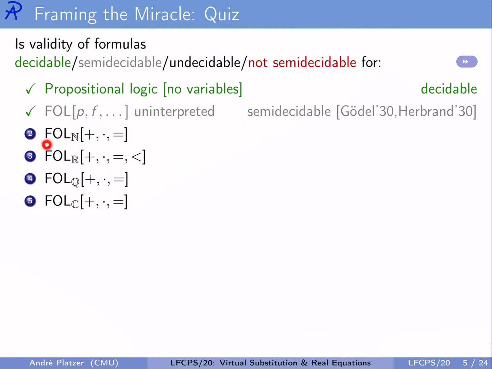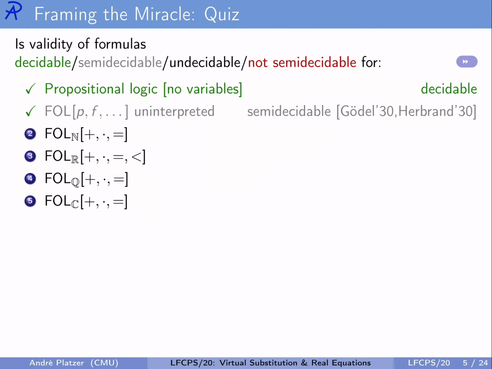Now, instead of the predicate symbols and function symbols that are uninterpreted, where we don't know what they mean, we go to the other end of the spectrum where we just have interpreted ones, addition and multiplication and equality, for example, and our quantifiers and variables range over the natural numbers. So this is addition and multiplication of natural numbers.